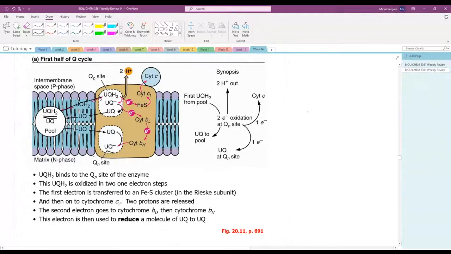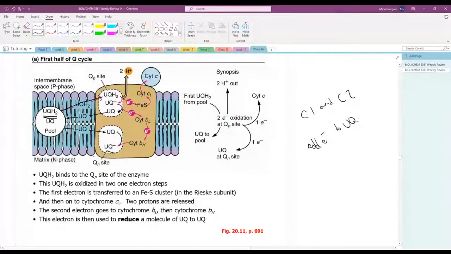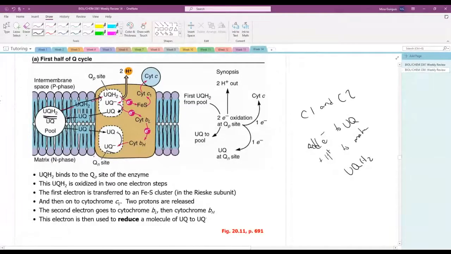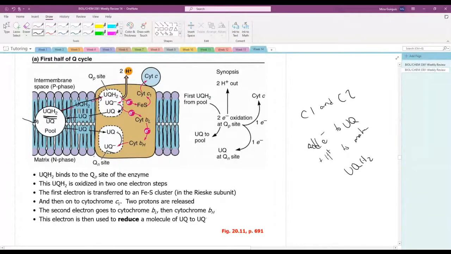I guess I should start off by saying C1 and C2 add electrons to Q, which I'll say is UQ, ubiquinone, and protons are also transferred to make UQH2, which is ubiquinol. This ubiquinol is what we're dealing with. Okay, so then it's moving through the membrane and ultimately it reaches complex 3.